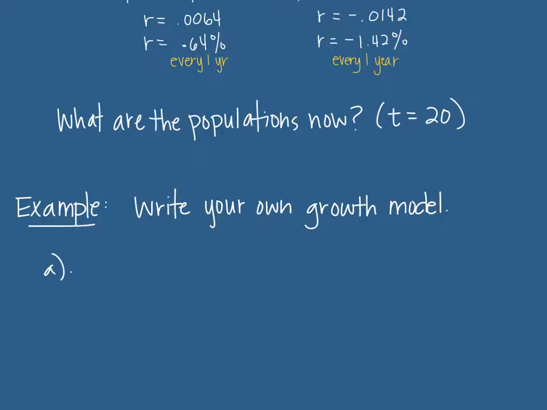All right, A. P sub 0 equals 12, and R equals 8% every year.